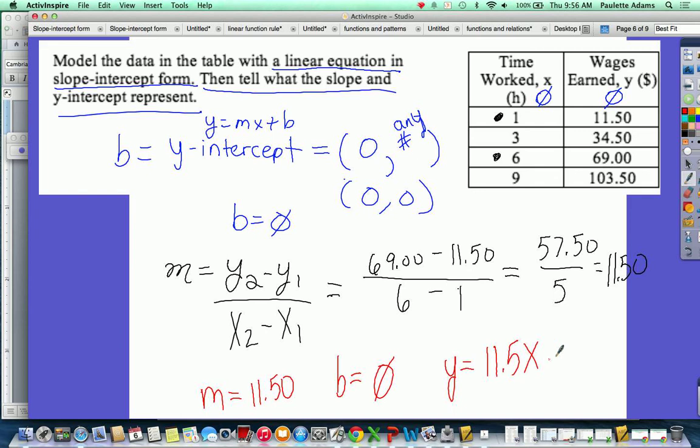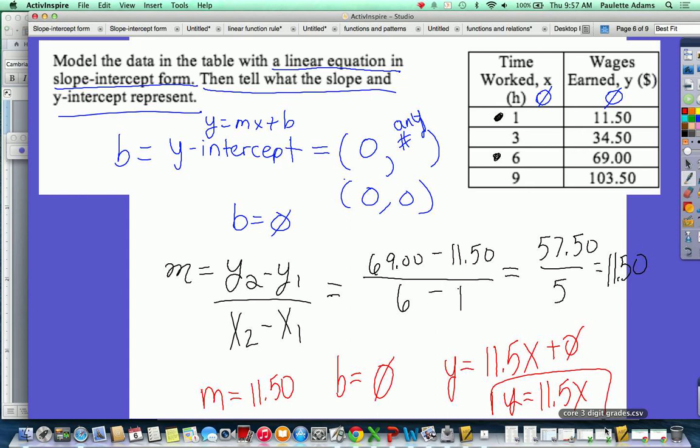Plus 0, but remember we got to simplify. So we're just going to leave it as y equals 11.5x. Any questions there?